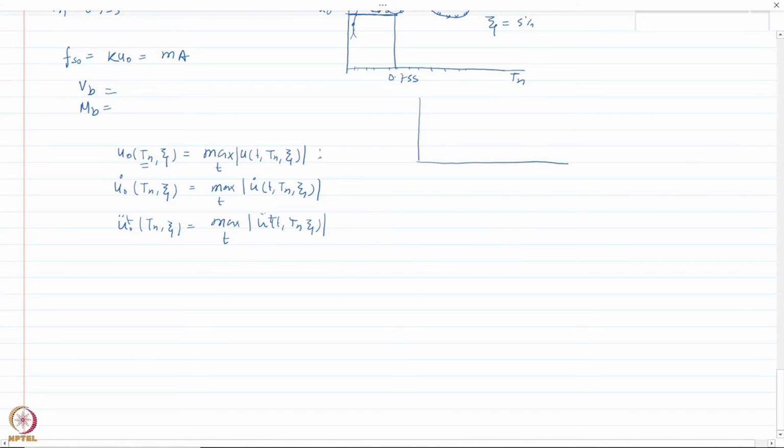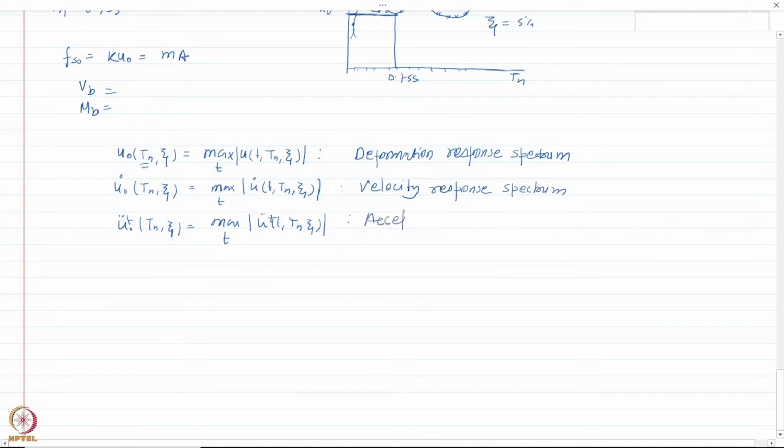This would give me the velocity response spectrum, and the third one would give me the acceleration response spectrum.